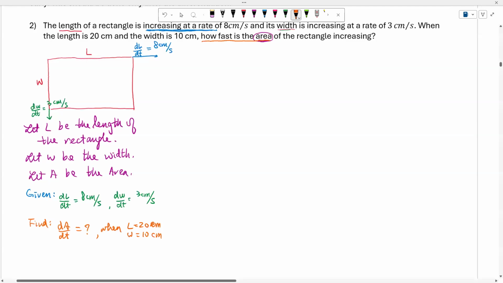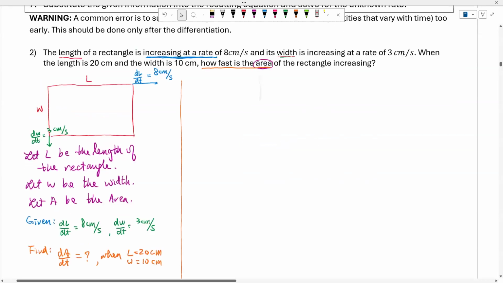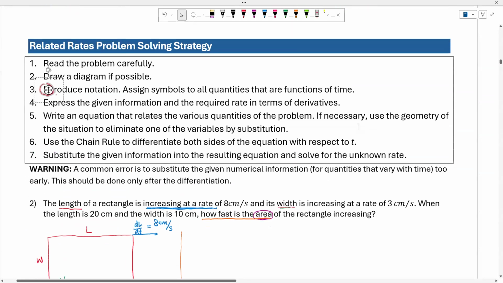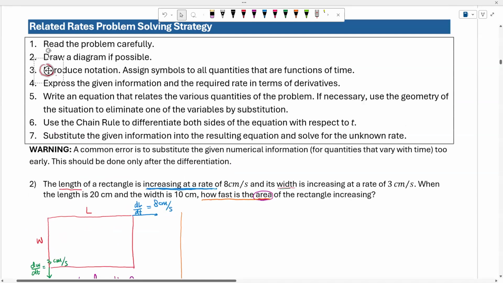Those are the given information, right? Now let's see how we actually work out the problem. We are done with steps 1, 2, 3, and 4, and now we would like to work on step number 5.